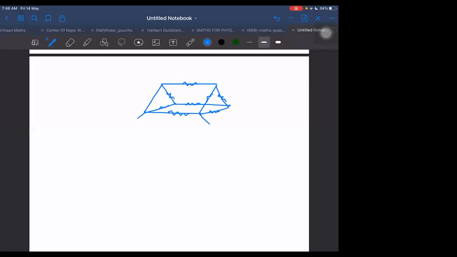You have to tell again what is the net resistance across the face I have connected. I have connected across this.